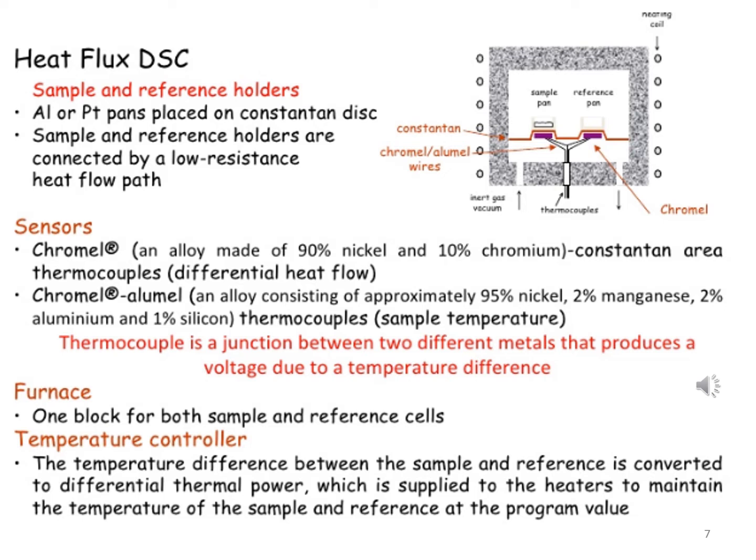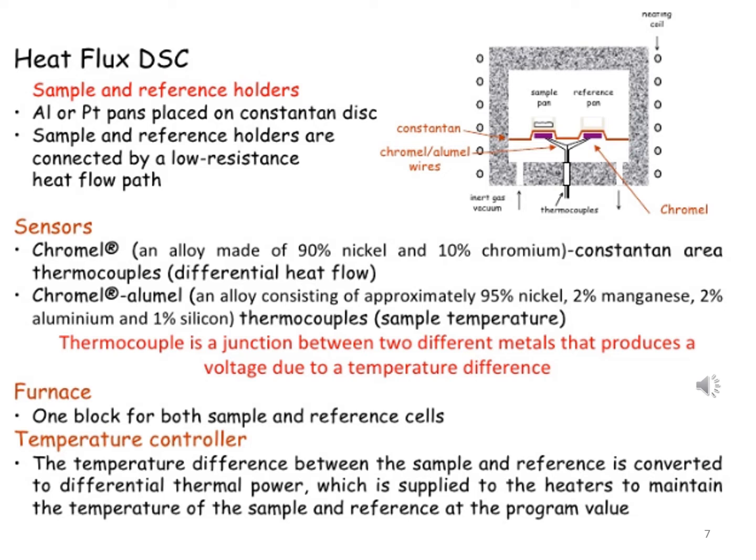Or it could be made up of constantan thermocouples. Constantan is also an alloy, an alloy of copper and nickel, in which 45% nickel and 55% copper are mixed. And sometimes these sensors are made up of both chromel and constantan.